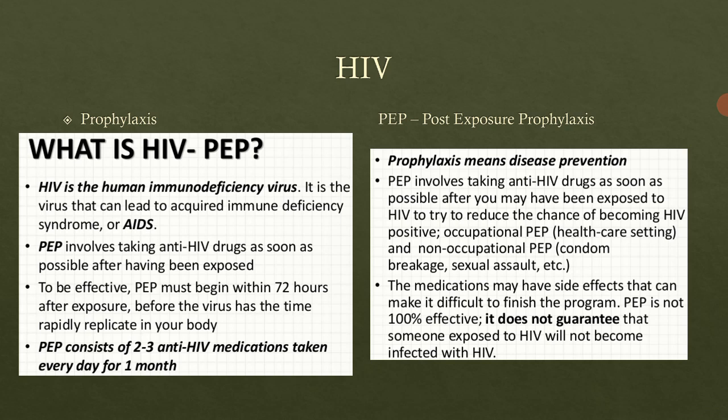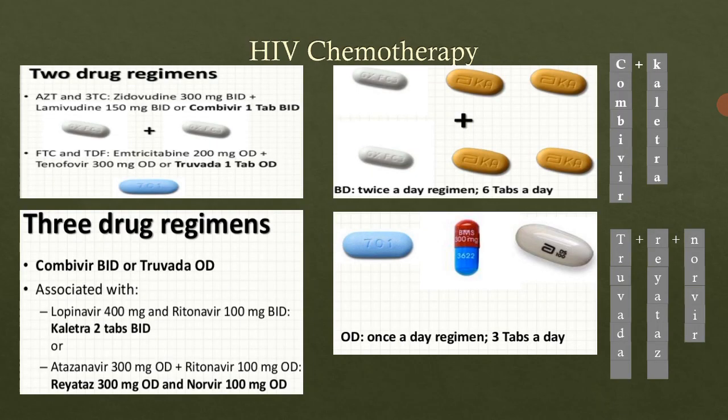And that's why PEP must be started as soon as possible after exposure to the virus. Now, the HIV medications, or the chemotherapy. What are the chemical agents that can be used for this?